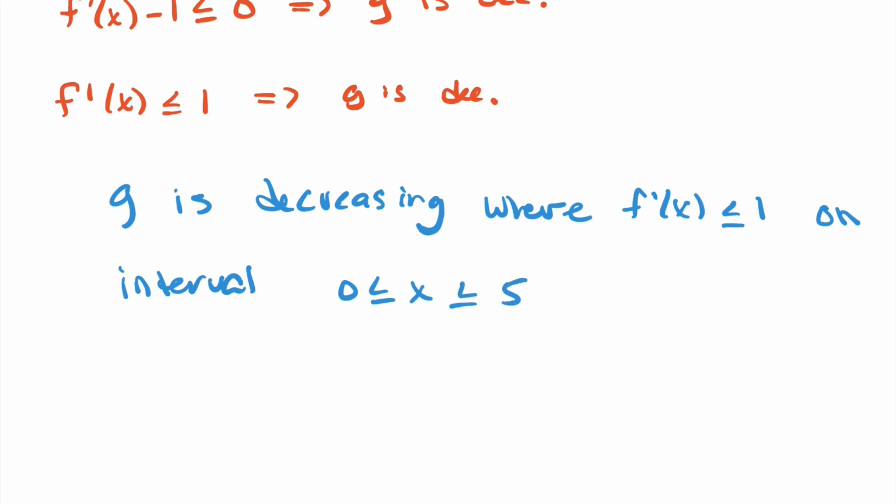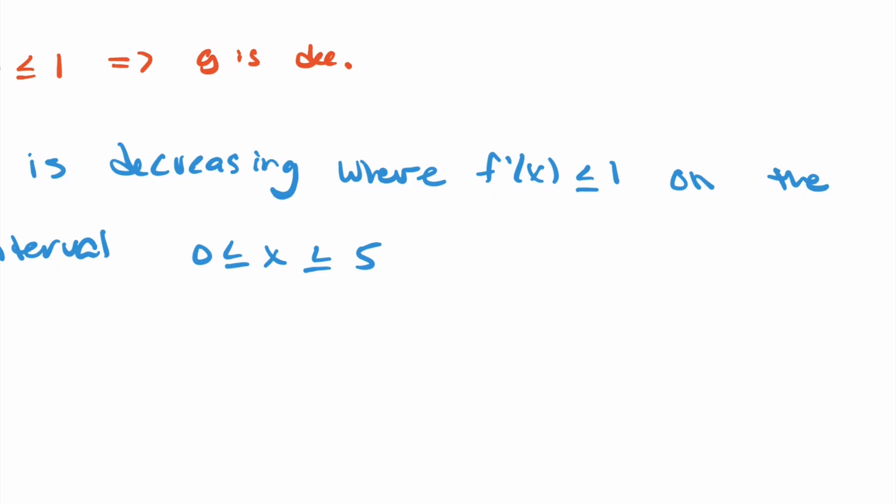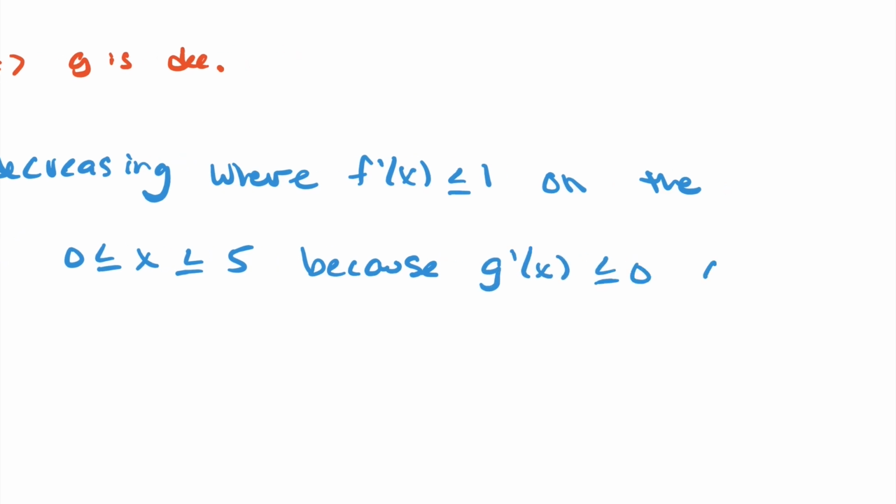It doesn't matter if it's included or not, because g prime of x is less than or equal to 0 on this interval.